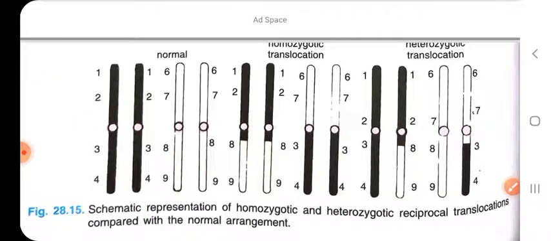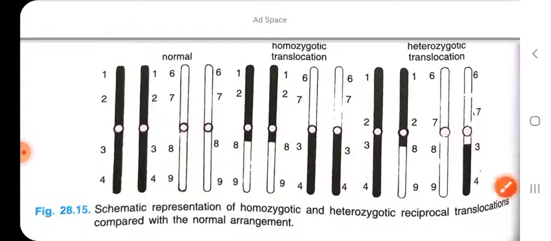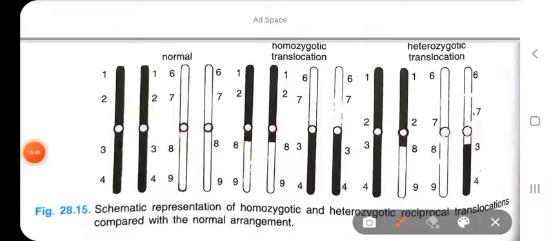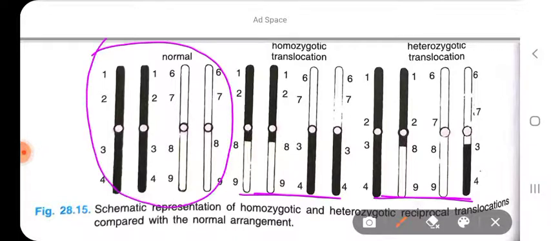Here in this image you see a homozygous reciprocal translocation and a heterozygous reciprocal translocation. So what does it mean? These are the normal chromosomes. Chromosomes occur in pairs, we all know.